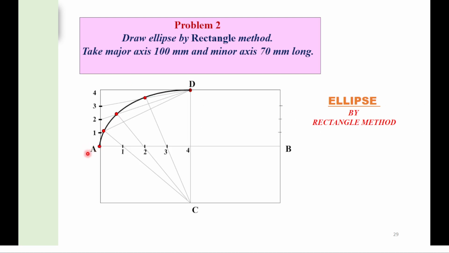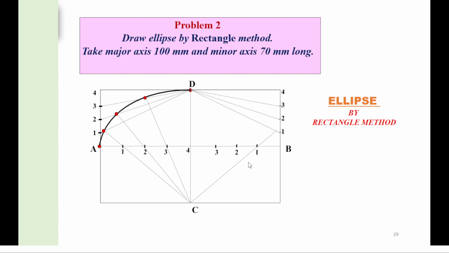As we have divided this distance into 4 parts, we will divide this distance again into 4 parts from B towards up. Let's call it 1, 2, 3, 4. Now from B towards left, again divide this line into 4 parts. Likewise what we have done for the AD section, we will use the same 1-2D, 2-2D and 3-2D lines.